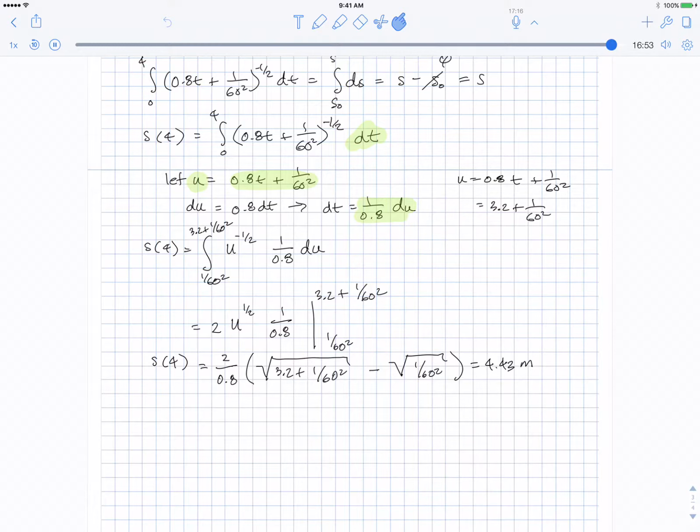Let me double check that real quick. So it's roughly going to be the square root of 3.2 times 2 divided by 0.8. Yeah, that's right. Okay. Let me double check that with the solution, and I'll get right back to you. So yes, that was right. So this problem is over. Thanks.